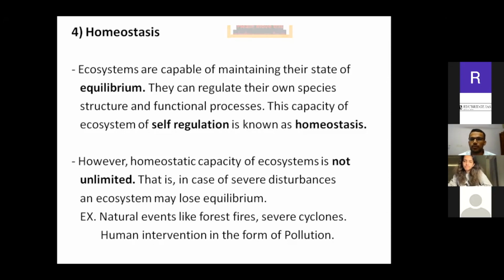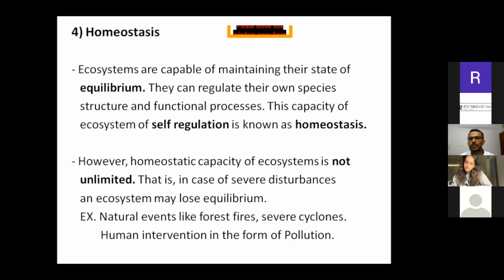Can you give me any example from today's discussion of supporting services? Nutrient cycling.